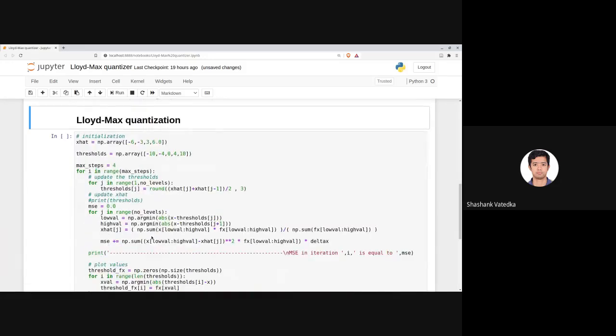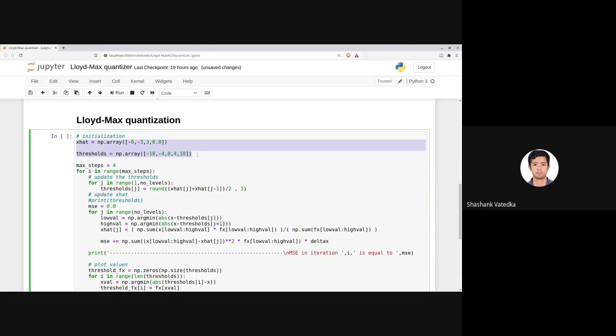Now I'm going to design the quantizer for this particular PDF. I start with an arbitrary initialization of x hat and the alphas. According to any rule, you could just choose this randomly. So I'll start with x hat to be -6, -3, 3, and 6. So x1 hat is -6, x2 hat is -3, x3 hat is 3, and x4 hat is 6.